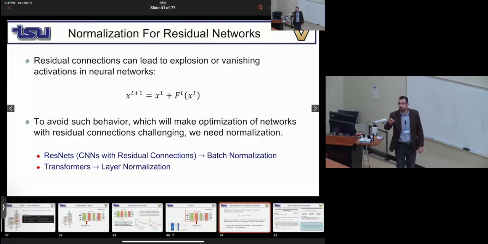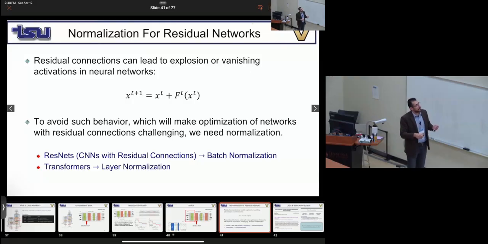By the way, for those of you who are interested, this can be thought of as a discretization of an ODE, and that's what's referred to as neural ODE, but that's for another time. Because this F can become large, we are accumulating things over and over. So again, these can become numerically unstable very fast, right?